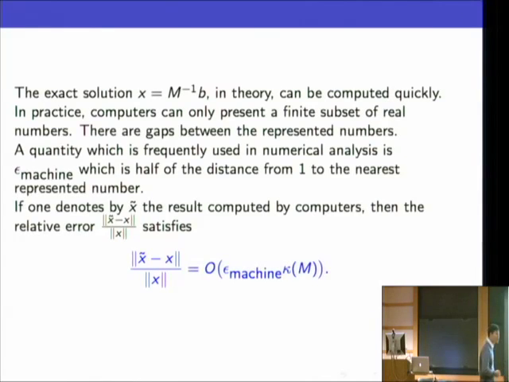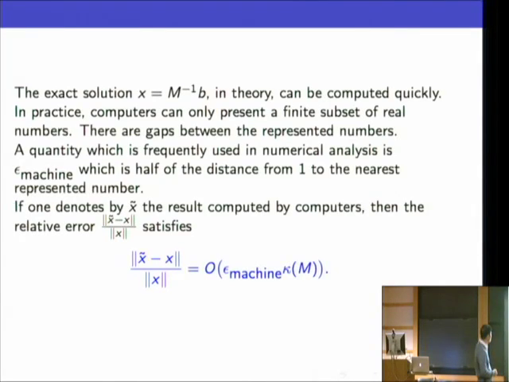There's no problem about it. In practice, the computer represents only a subset of real numbers. You cannot have all the real numbers there. We have only a finite number to work with, so there are gaps between the numbers that the computer uses. A quantity that matters is how big the gap is, so they normalize it by taking half the gap from 1 to the nearest number the computer can use, denoted epsilon machine.